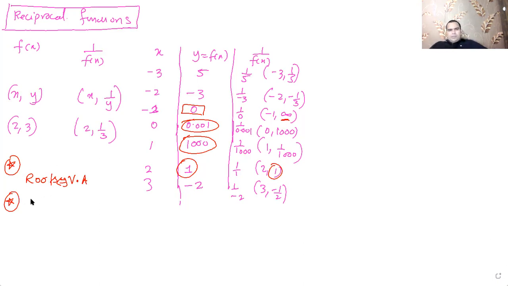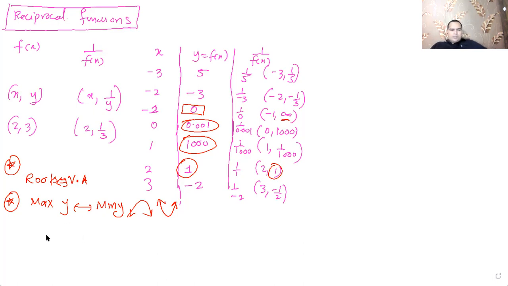Now, if there is a maximum y value, that will turn into a minimum y value. So if there is a maximum on the graph like this, its shape for the reciprocal function will become a minimum. Also, if the function has a bigger value, the reciprocal is smaller.